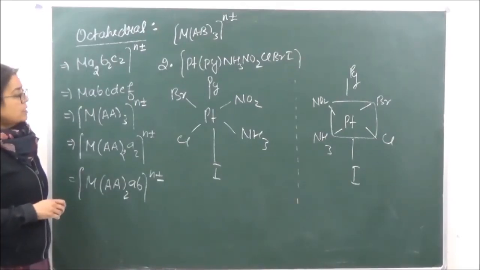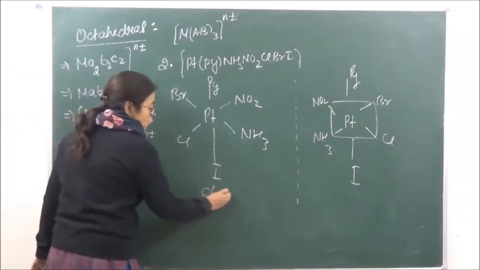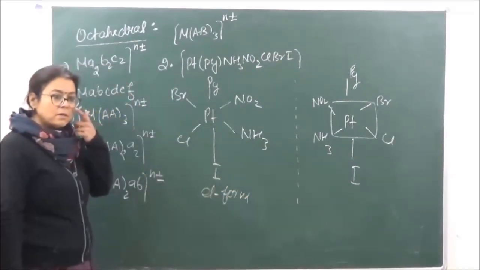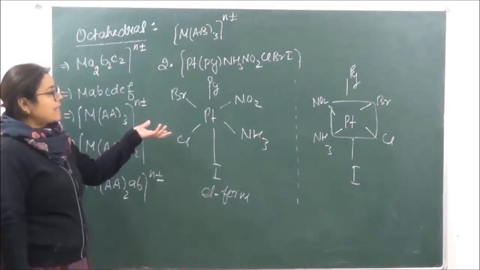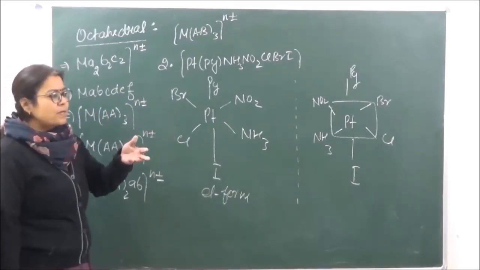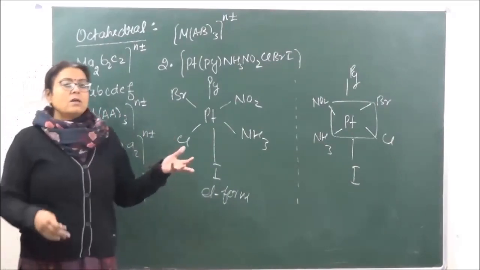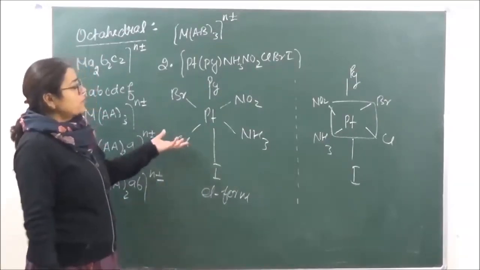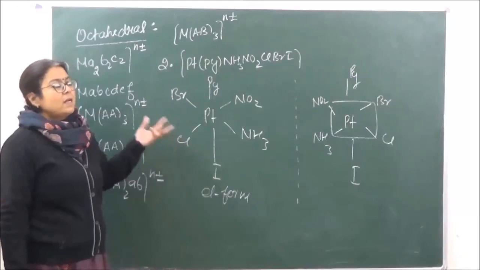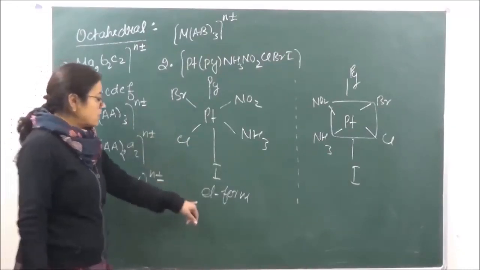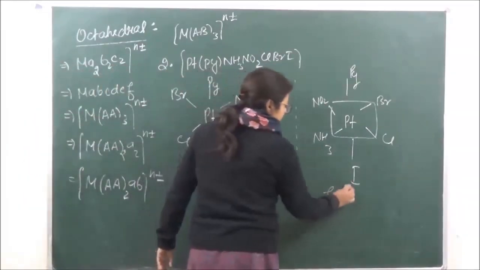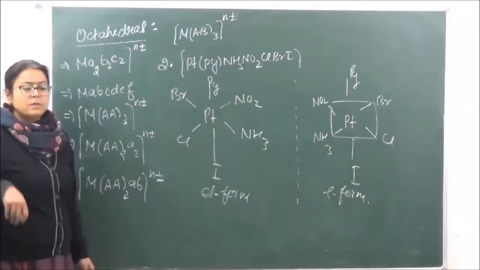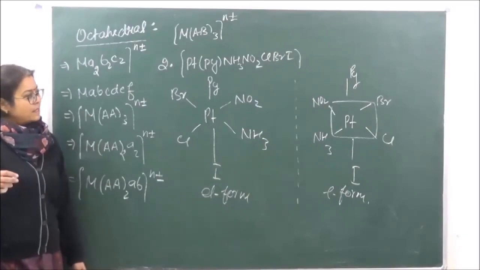So this is going to be the D form, although this compound does not show geometrical isomerism in a way that we can pinpoint कि cis कौन सा और trans कौन सा है. ठीक है? Geometrical isomerism तो show करता है, हमने अभी पढ़ा था कि it shows 15 isomers. So this is going to be the D form and this is going to be the L form. ठीक है? Is it clear?